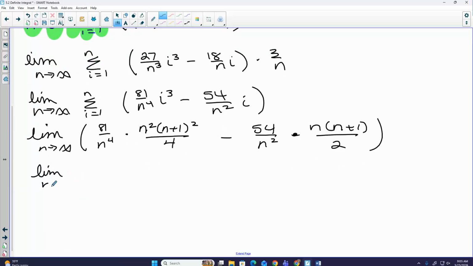I kept telling you guys last week, this is really just a bunch of algebra. We're doing a lot of simplifying here. I can cancel an n squared there. FOIL.